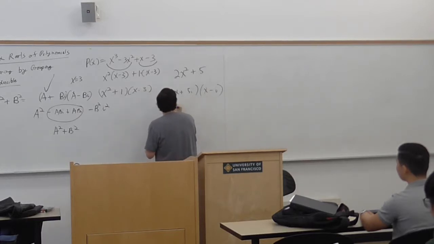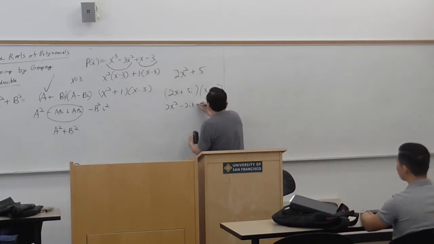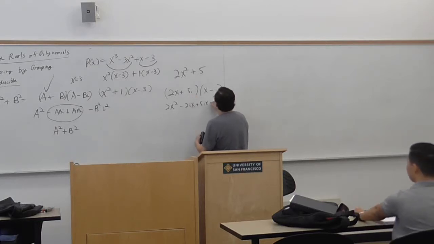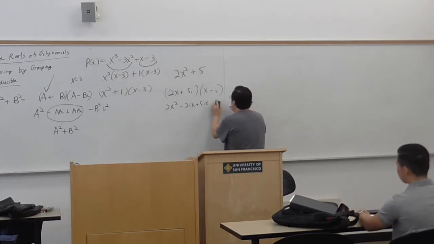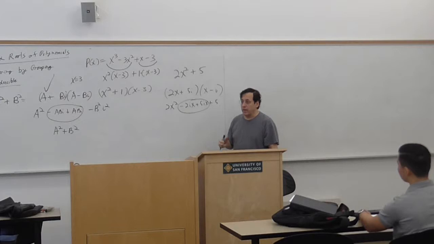Say 2x squared, and the outer is minus 2ix, and the inner is 5ix, and then minus 5i squared, which is going to be plus 5. So that's pretty close. We got the 2x squared and the 5. These two drop out. So it was good. That's actually a pretty good guess.